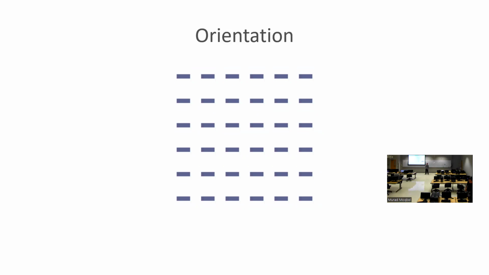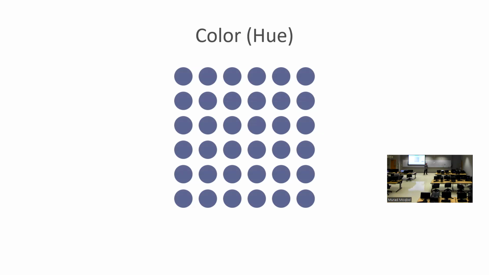Orientation, we can also use when we are comparing qualitative or categorical variables. Color. In this particular use, we are using it to highlight a particular category. So again, for qualitative or categorical values, we can use color in this aspect.